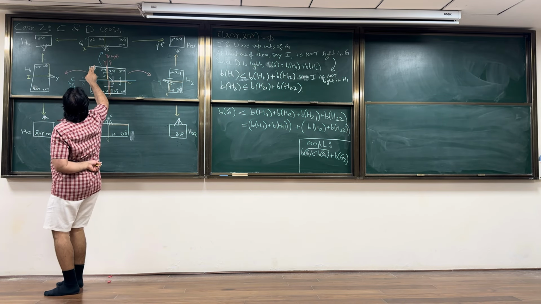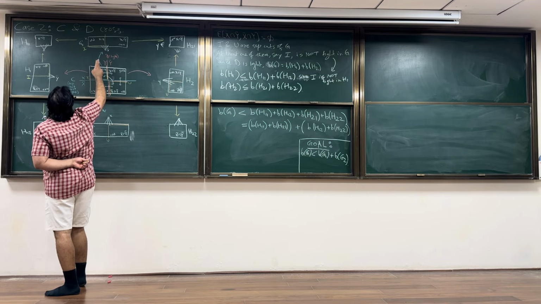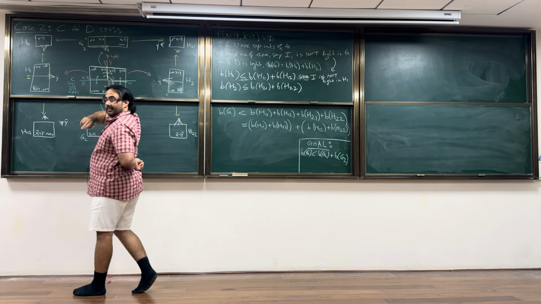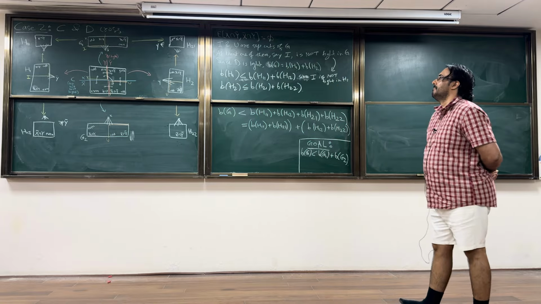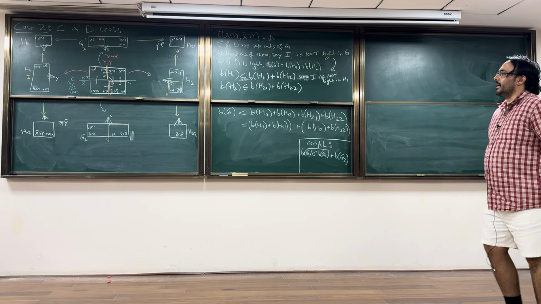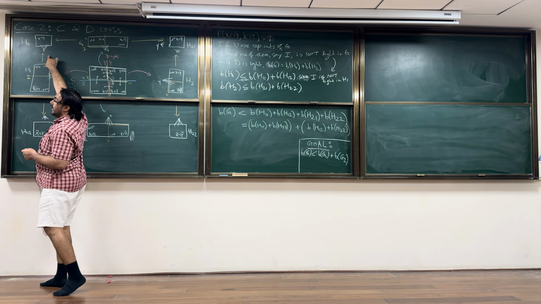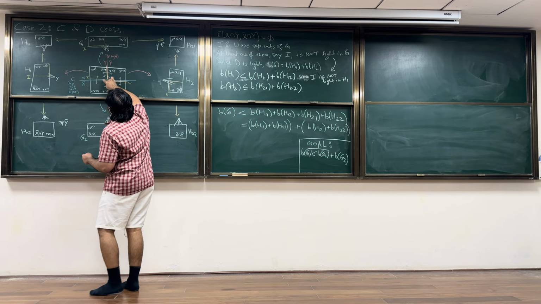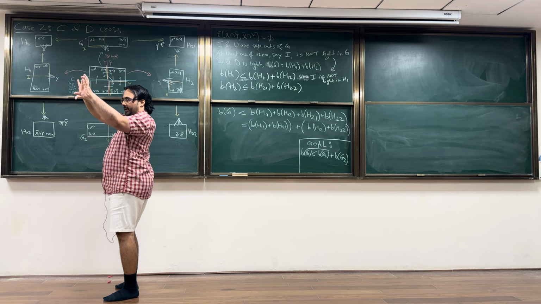So I claim that this graph, the way we got it, we can simply get it through this way. Right? Let's see what we are doing. We are basically shrinking. How is this obtained? This is obtained by shrinking the complement of x intersection y. So I have x intersection y, I want to shrink the complement.